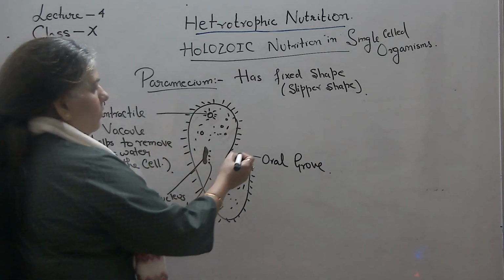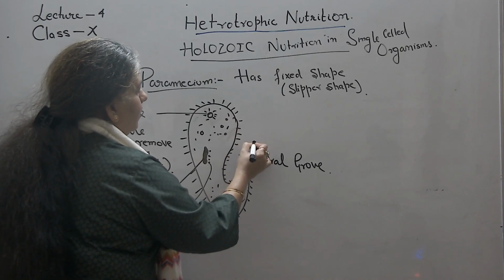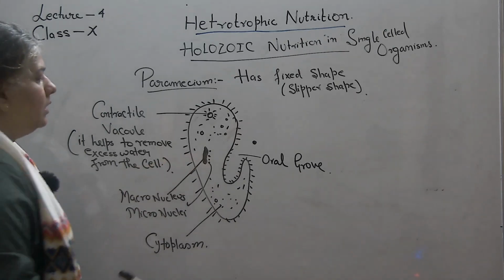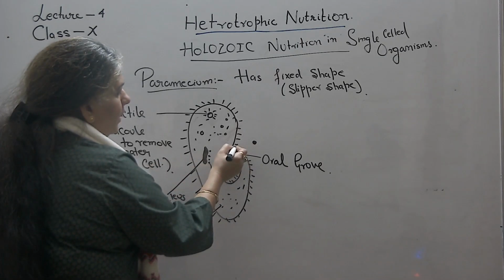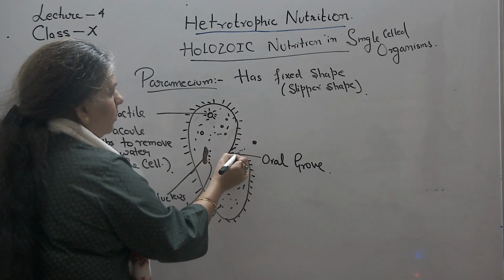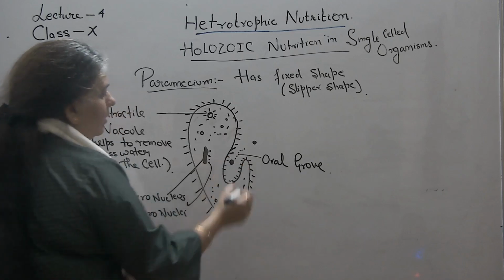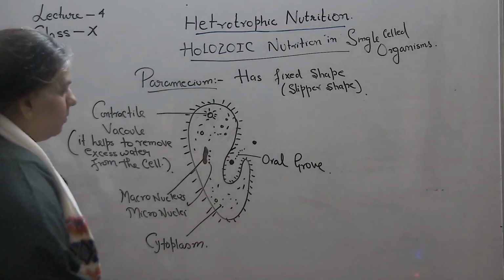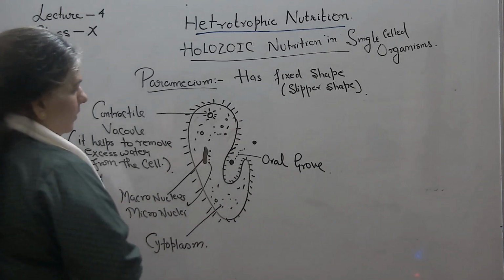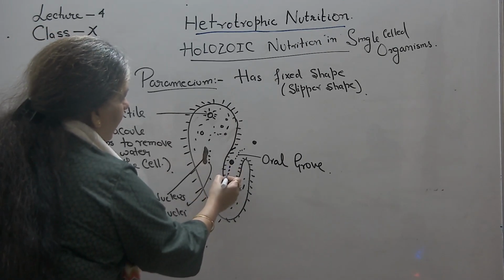See what happens when the organism comes near the food. The ciliary motion of the organism helps the food particle to reach the oral cavity or the oral groove. From here, the food moves and becomes part of the cell.